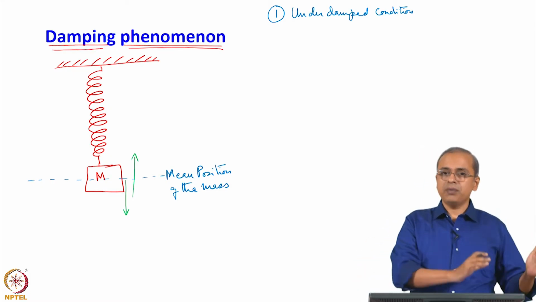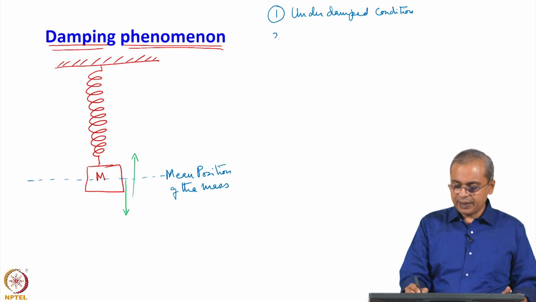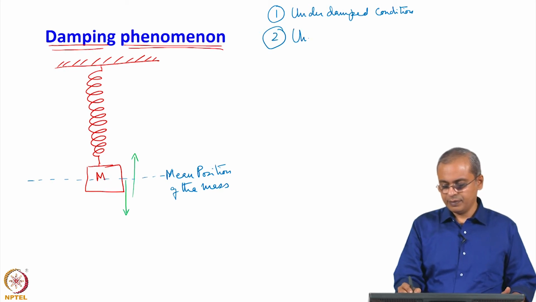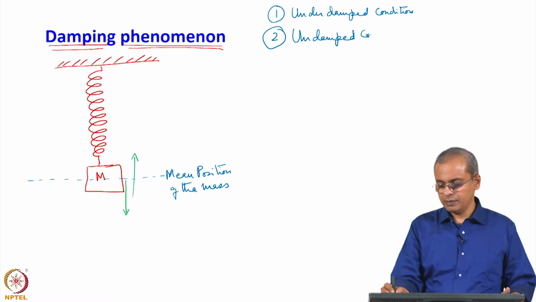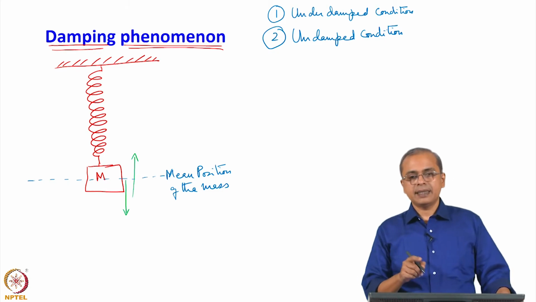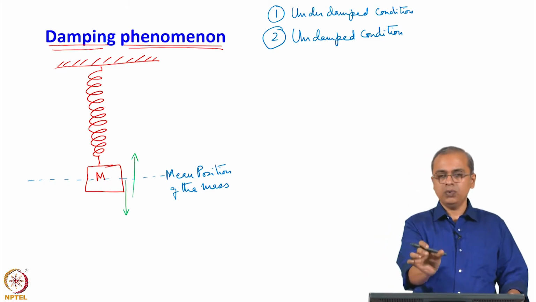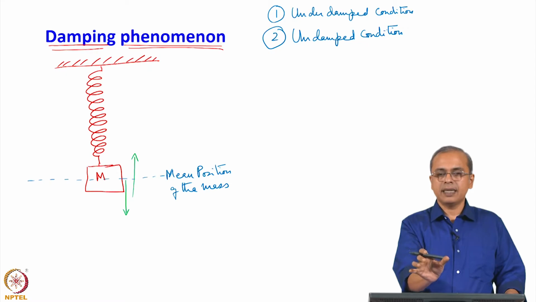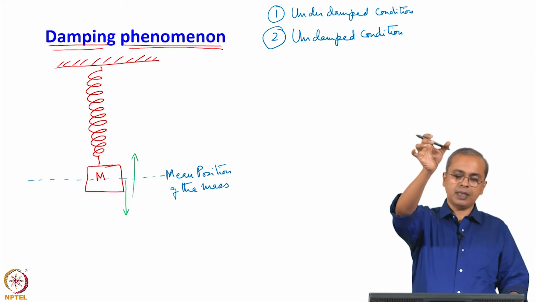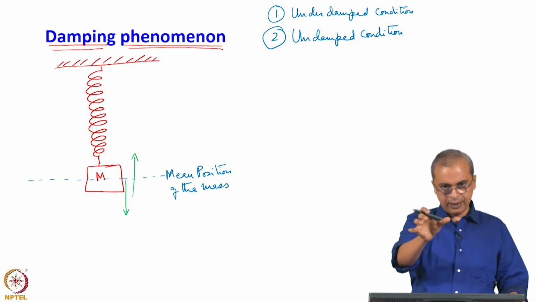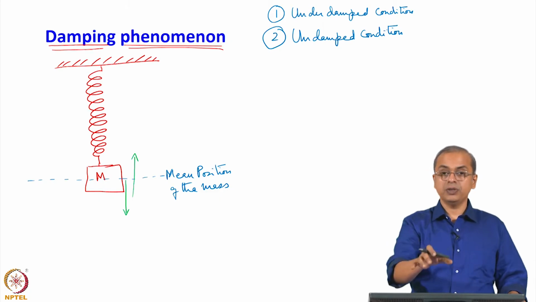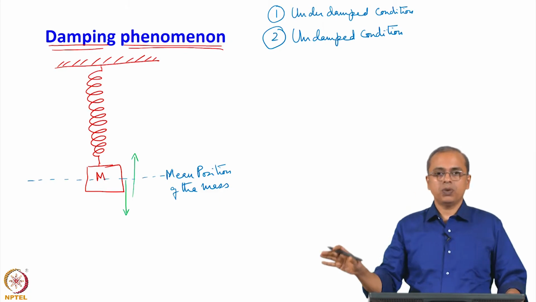The one extreme of it is an undamped condition. The undamped condition is one where if I pull it down below the mean point and I release it, it goes back up, overshoots, compresses the spring, comes to a halt, comes down, overshoots and continues, except that it never comes to a halt.